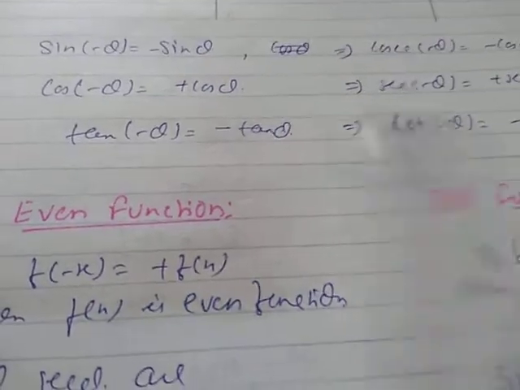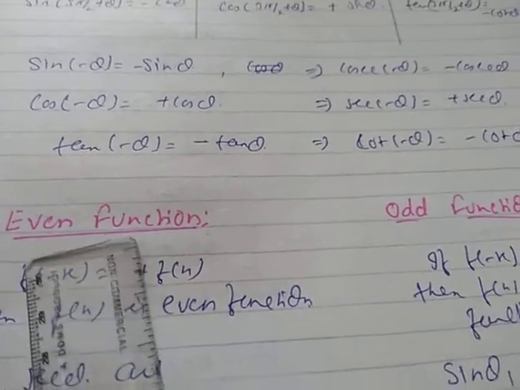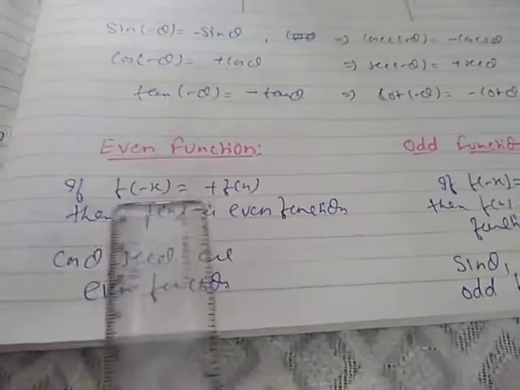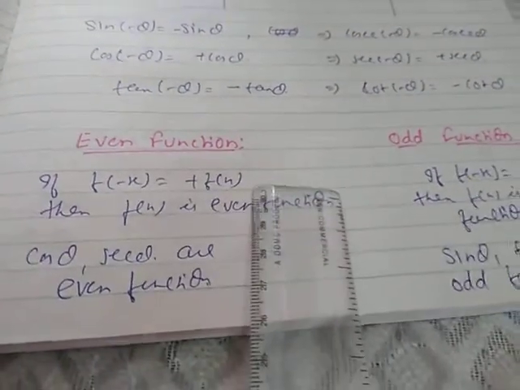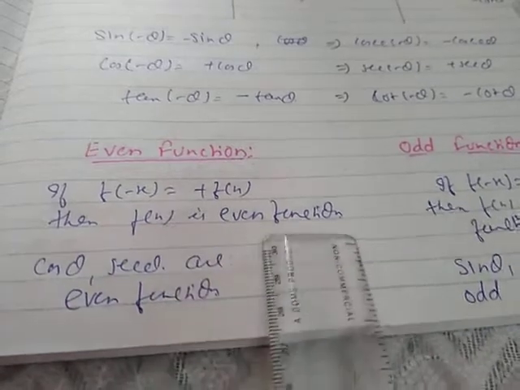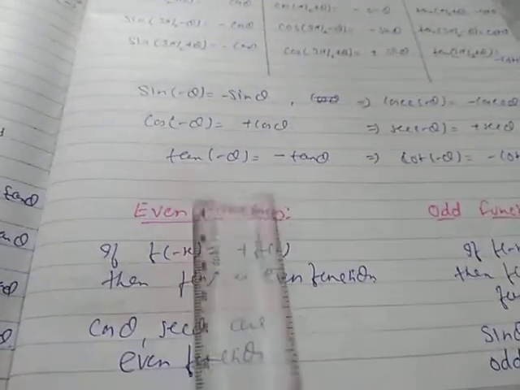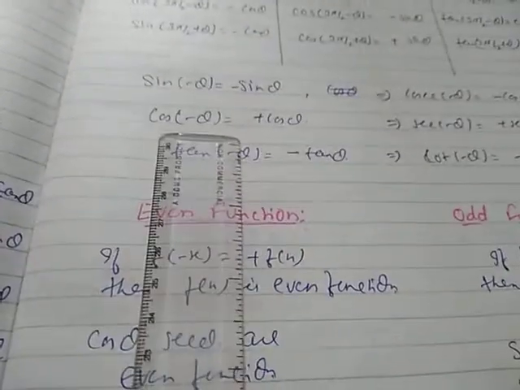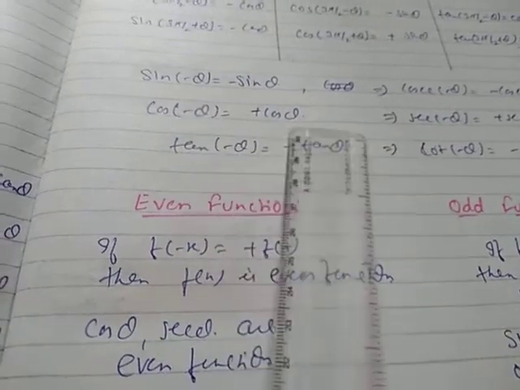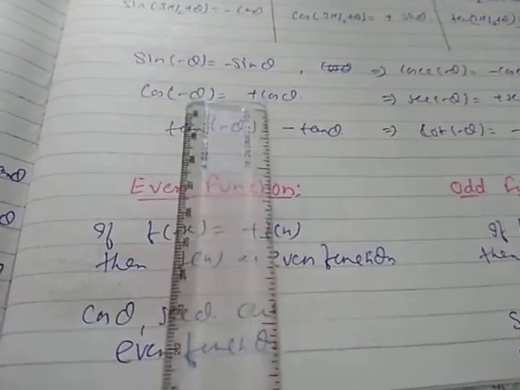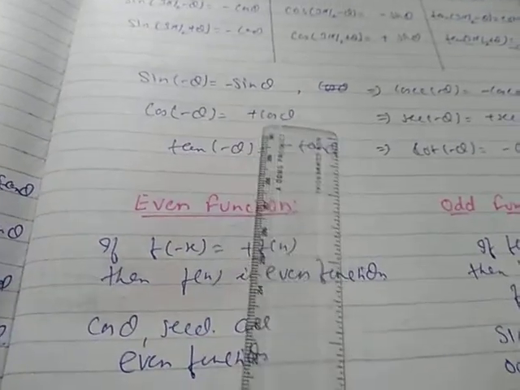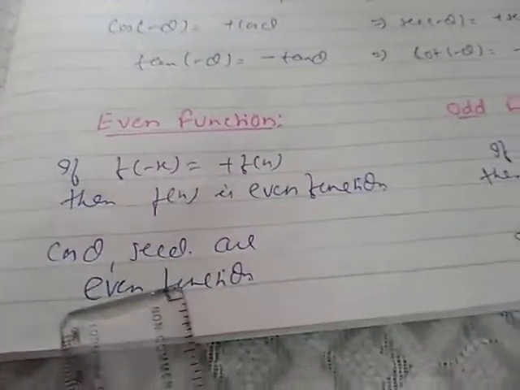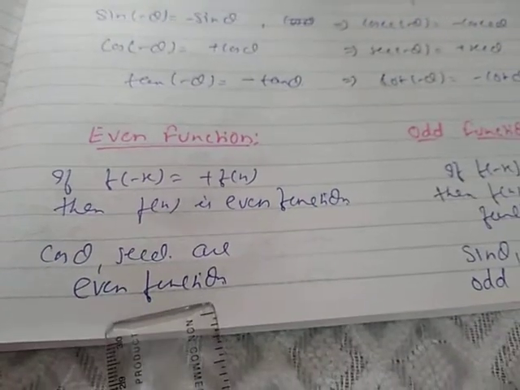Now, children, what are even and odd functions? Even function: if f of minus x is equal to plus f x, then f x is called an even function. Now just see what happened here. Cos of minus theta is plus cos theta. F of minus theta is equal to plus f theta. That means cos and sec are even functions. What about odd functions?